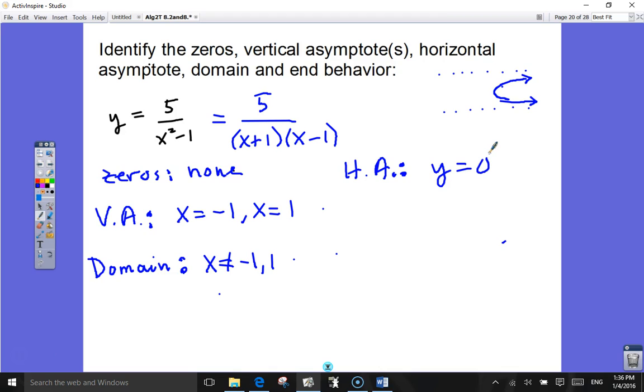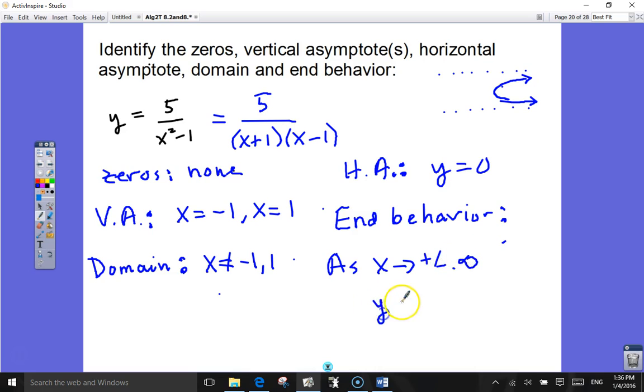It's got to be y equals 0. And what does that make the end behavior? As x approaches plus or minus infinity, y is approaching 0. Whatever the horizontal asymptote is, that's what it's approaching.